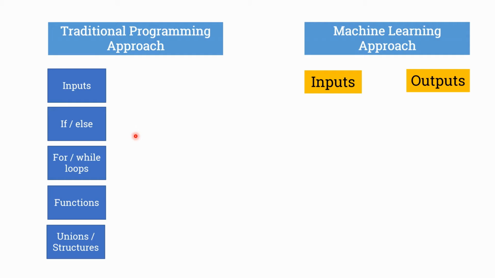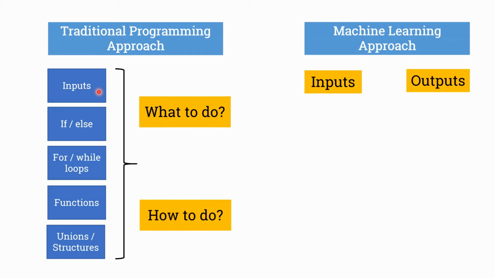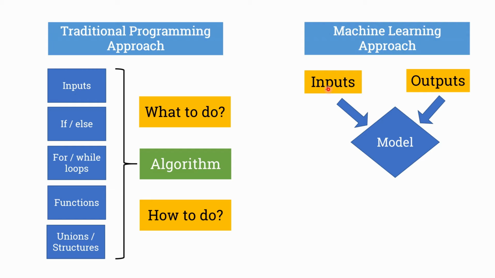In the traditional programming approach, the machine is being fed the inputs, and to get the desired output, the machine is being taught what to do and how to do it with the help of if-else, for-while loops, functions, unions and structures, etc. So the machine is being given rules to get the desired outputs. But in the machine learning approach, the machine is being fed both the inputs as well as the outputs.